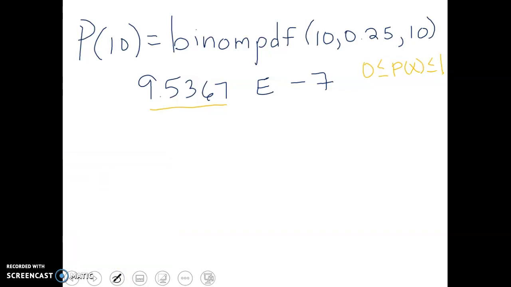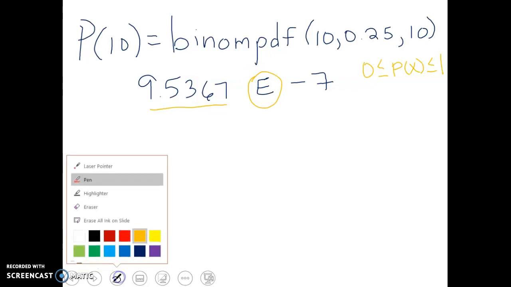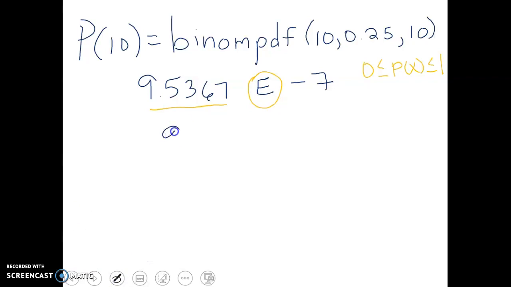Actually, it is between 0 and 1 because of this E to the negative 7. This is scientific notation. This stands for 9.5367 times 10 to the negative 7th power.